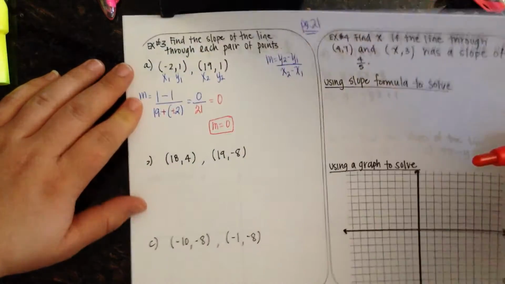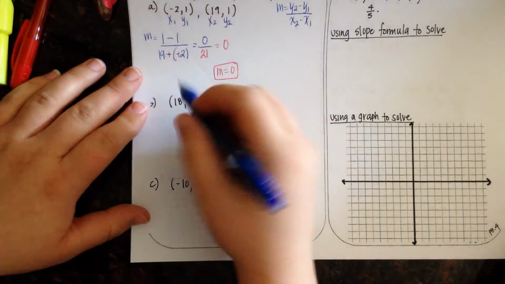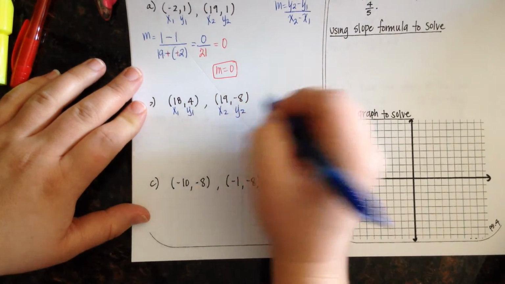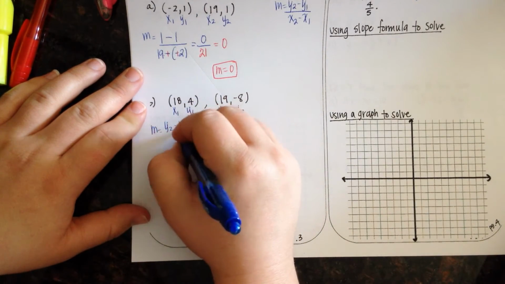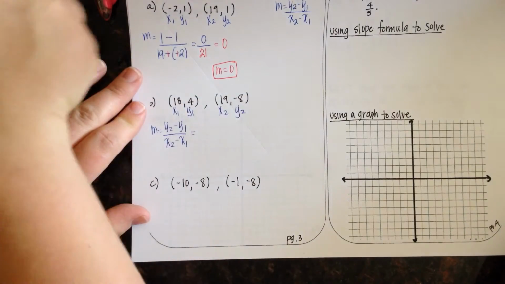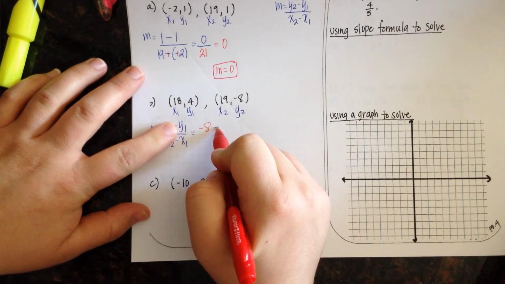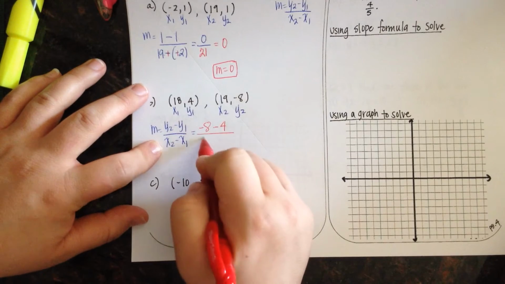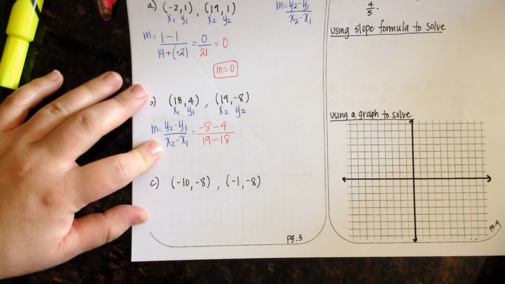Okay. Number 2. I'm going to label these x1, y1, x2, y2. I'm going to use my slope formula, y2 minus y1 over x2 minus x1, and I'm going to plug those points straight in. So I get negative 8 minus y1, which is 4, over x2, which is 19, minus 18, which is x1.